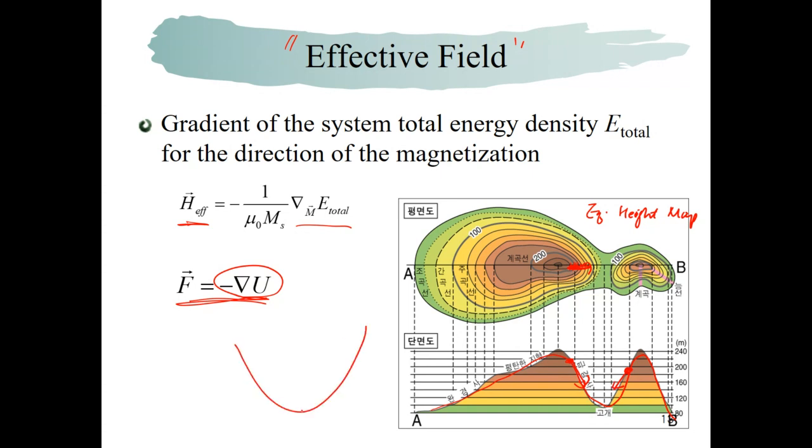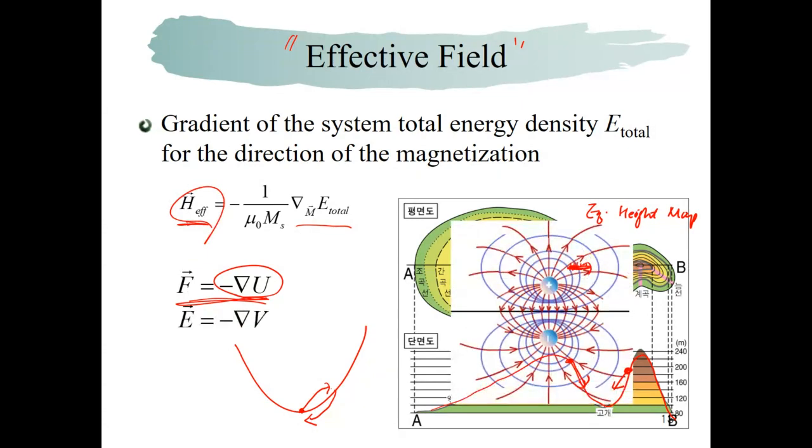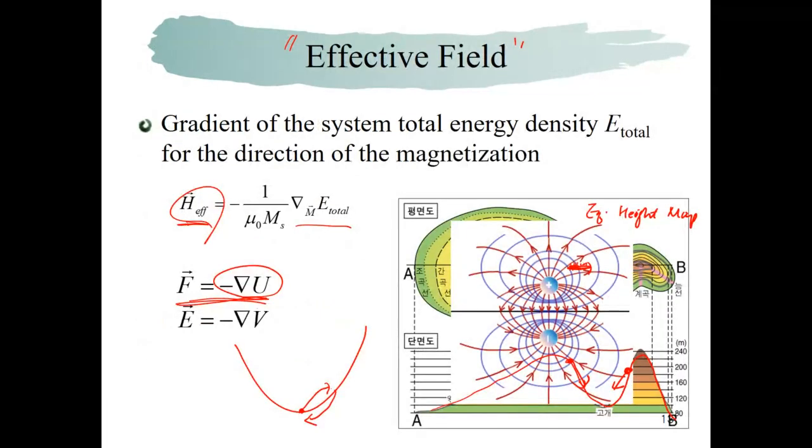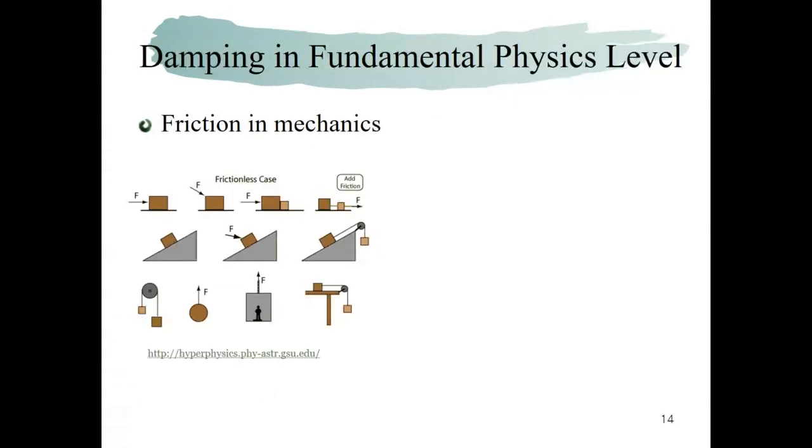Or if we have a ground state here, a stable point, and we move this object back to here, there is some kind of returning force. This is the effective force, the effective field. So far, we have been talking about the precession motion. And from now on, I'm going to talk about the damping.